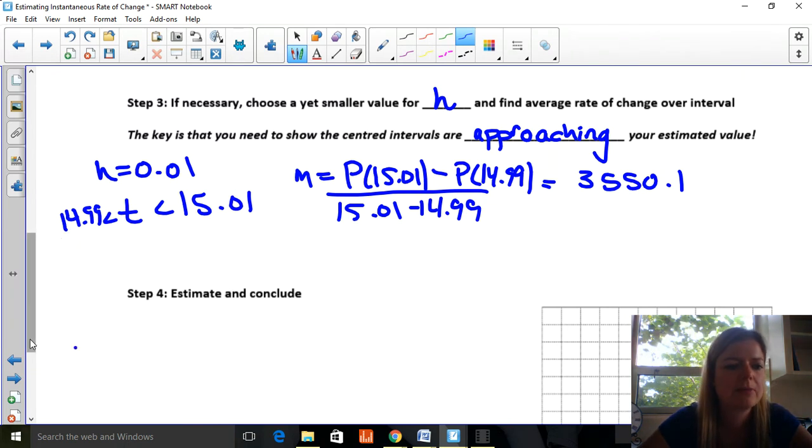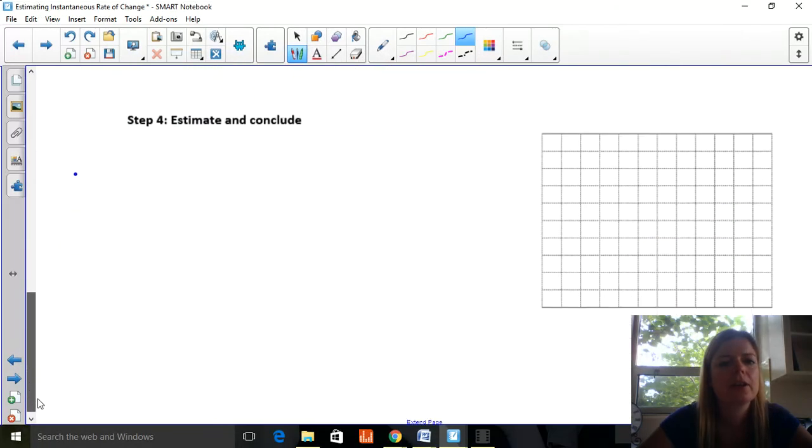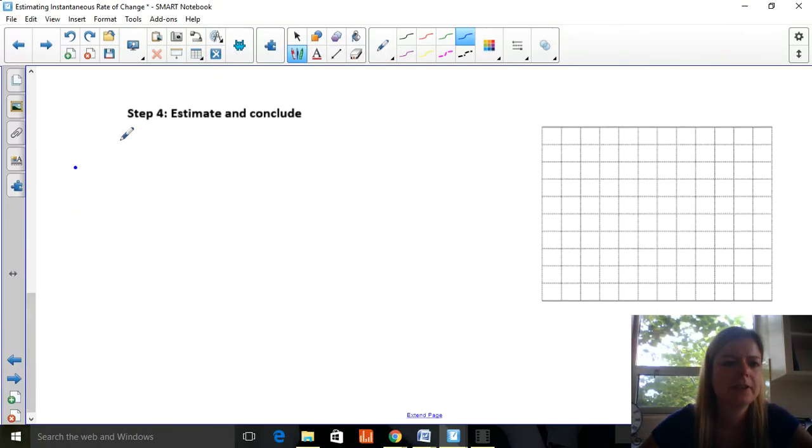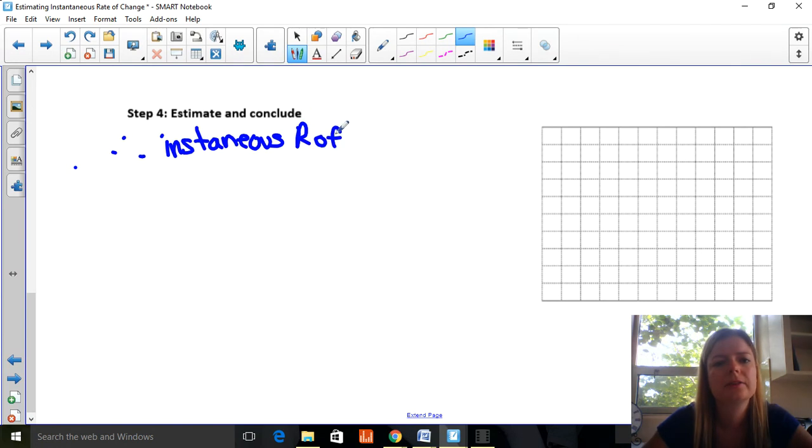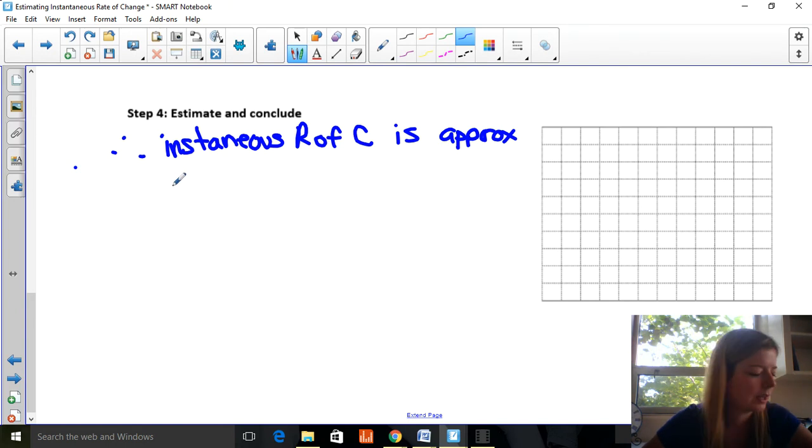Okay, so now we can interpret it within the situation. So therefore, the instantaneous rate of change, and you can use this short form, that's fine, is approximately, now you always have to use the word approximately because this is still an estimate, is approximately 3,550 at t equals 15.